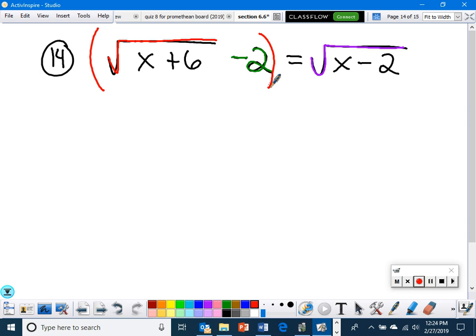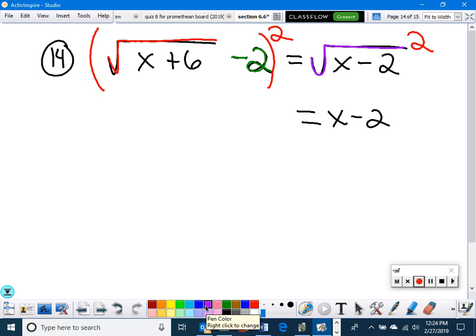And then to get rid of the radical on the right side, I'm going to square it. But remember, I square both sides. So the right side, well, that's easy. That just becomes x minus 2. However, the left side, you're going, wow, that looks pretty bizarre, Mr. Ellering.